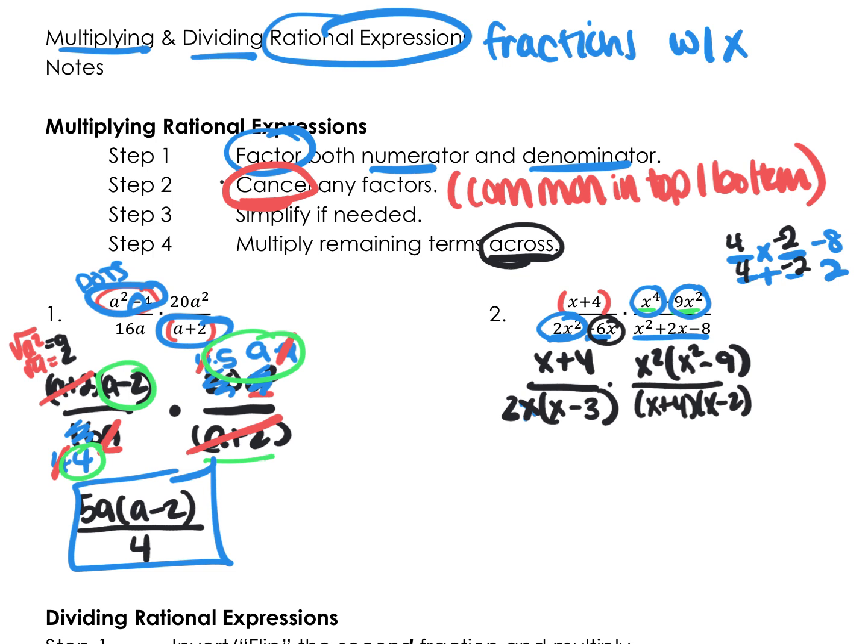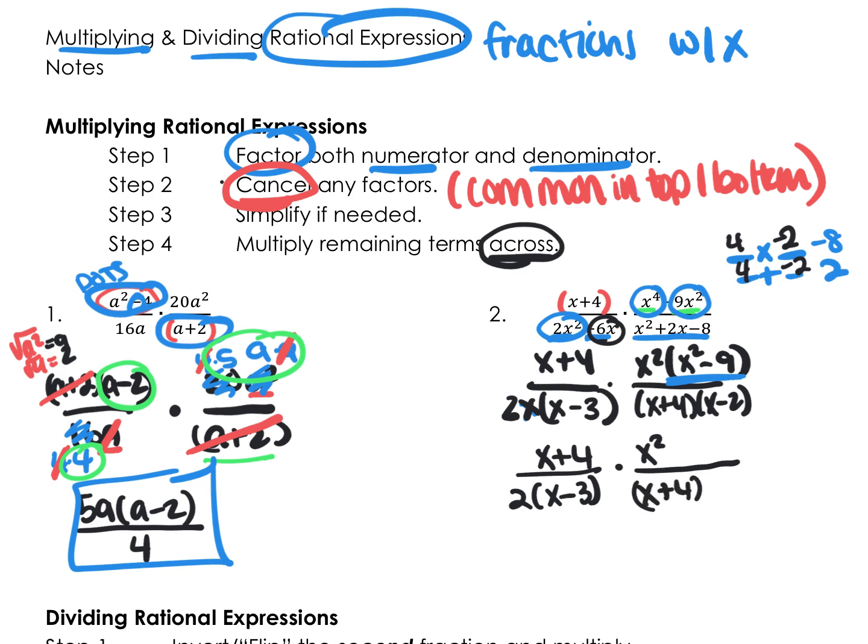Okay, so now we're almost ready to start canceling, but there's actually a little more factoring we can do. This x squared minus 9 here, that can be factored because that's a difference of two squares. X is squared and 9 is a perfect square. So I'm going to rewrite the fraction on the left here. This one's going to stay the same. But over here on this side, we have the x squared.